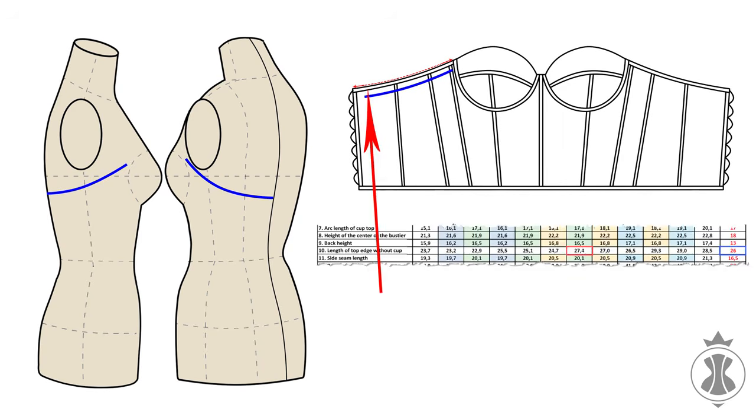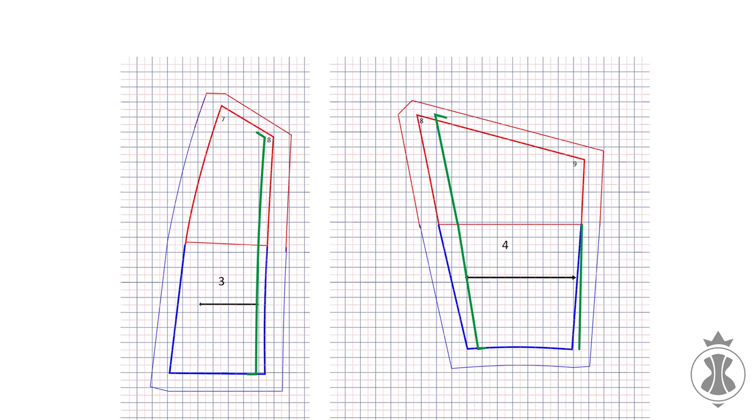This measurement on pattern 80A equals 27.4 centimeters, and my value is 26 centimeters. 27.4 minus 26 equals 1.4 centimeters. Let's now count how much we have removed from the top edge when we were adjusting the pattern details number 3 and number 4.